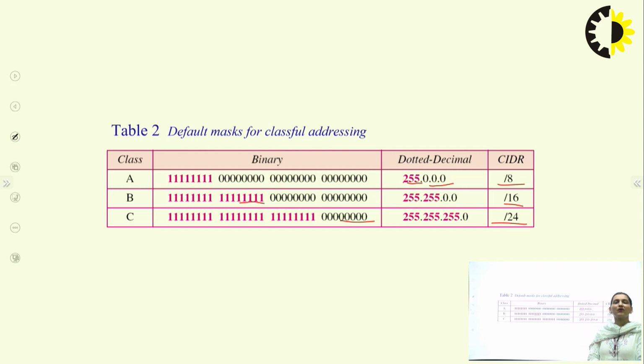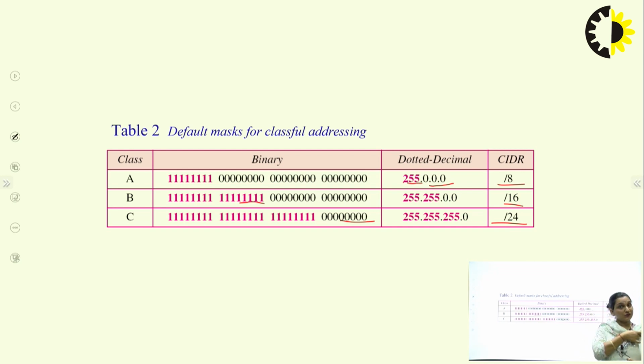For class B, the left-hand 16 bits are ones and the right-hand 16 are zeros, so that is 255.255.0.0. For class C, the left-hand 24 bits are ones and then zeros, so this is 255.255.255.0. This is our default mask when we are using classful addressing.